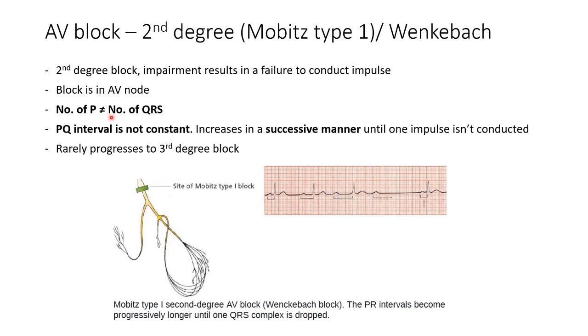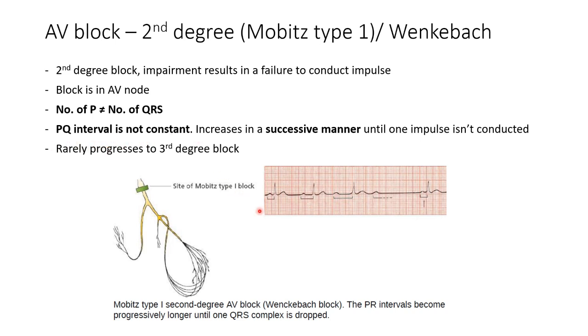As a result, the number of P waves is not equal to the number of QRS. If you look over here, you see P wave, P wave, P wave, P wave, and no QRS complex. That's what they mean by number of P not equal to number of QRS complexes. And the PQ interval is not constant either.